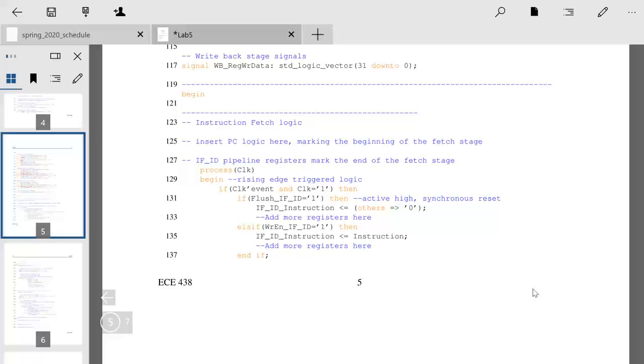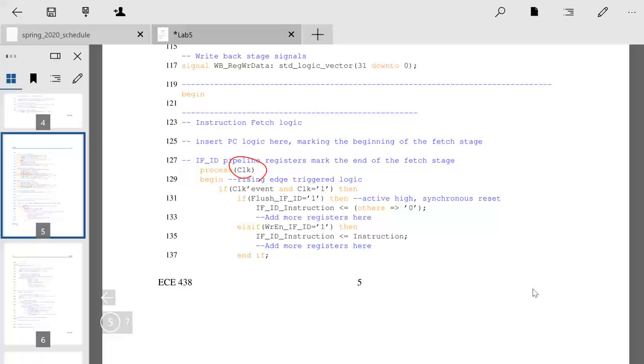Okay, so we're using a process block. This is a register, so it's sequential logic. It's sensitive to the clock, which is what having the clock in the sensitivity list here tells us. Process, parentheses, sensitivity list. That's how these process blocks are supposed to look.